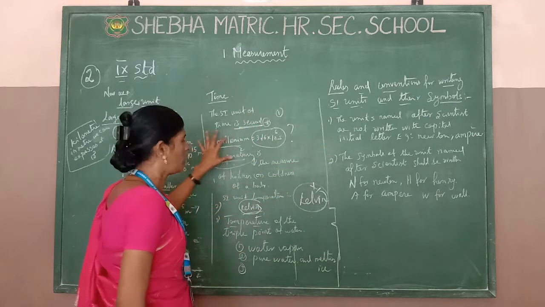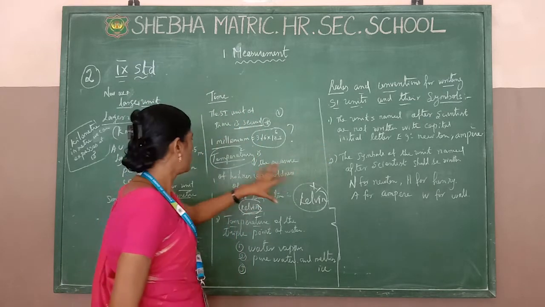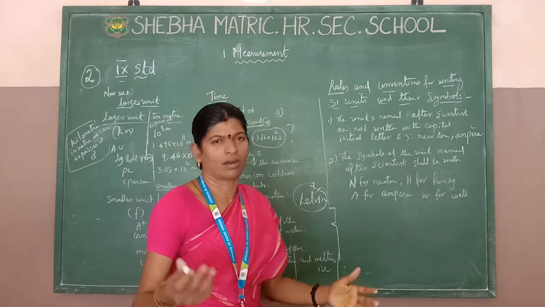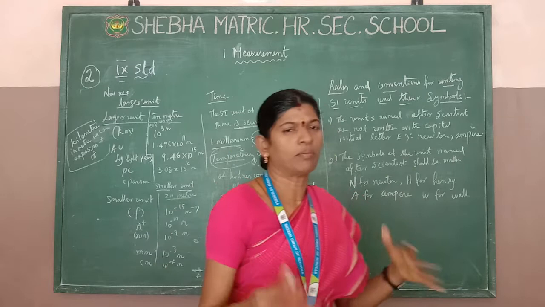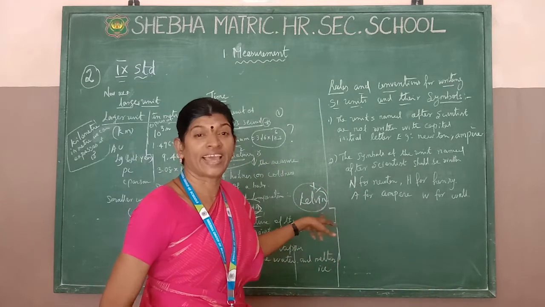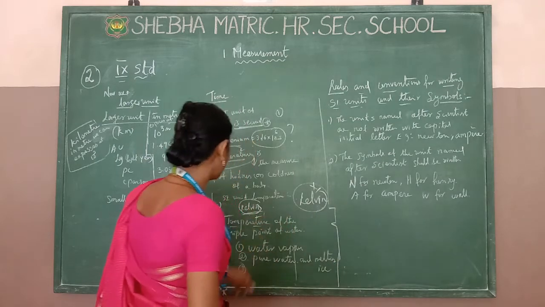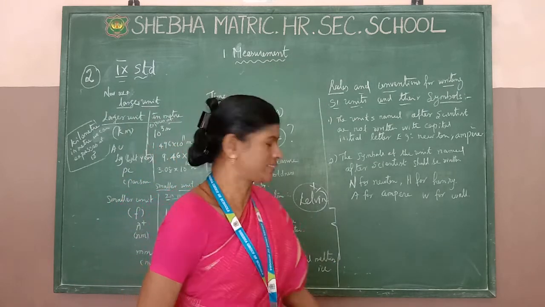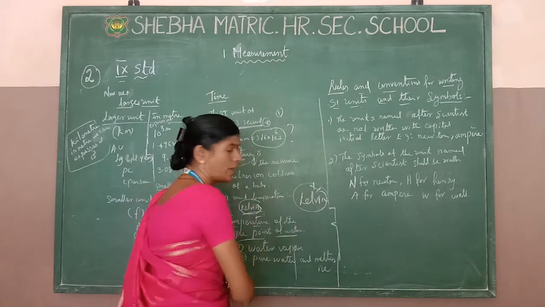It's clear? Are you able to understand, students? Okay, temperature is the measure of how hot or cold a body is. The SI unit of temperature is Kelvin.